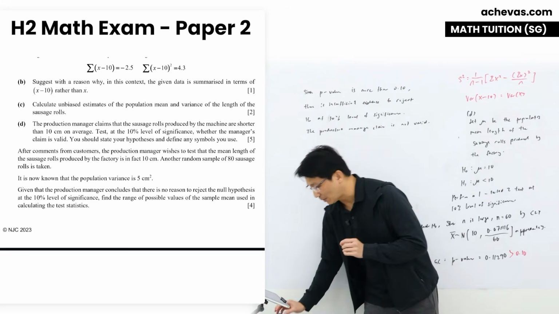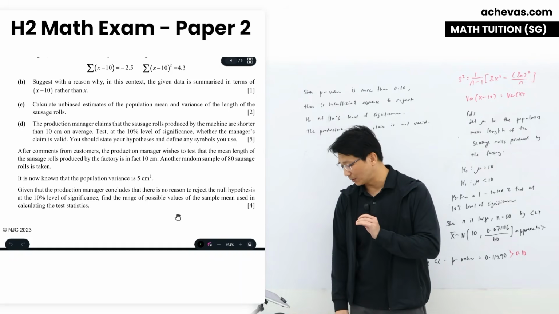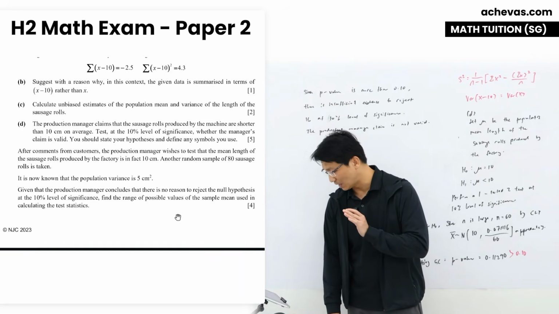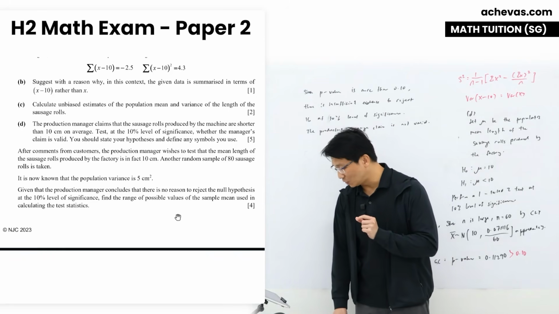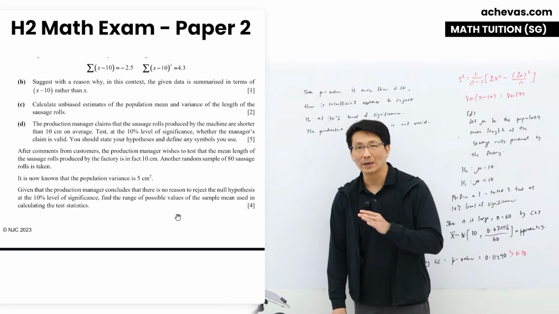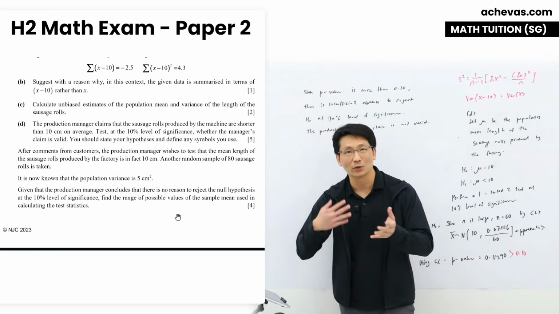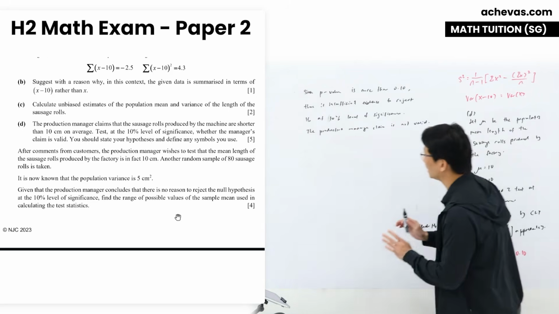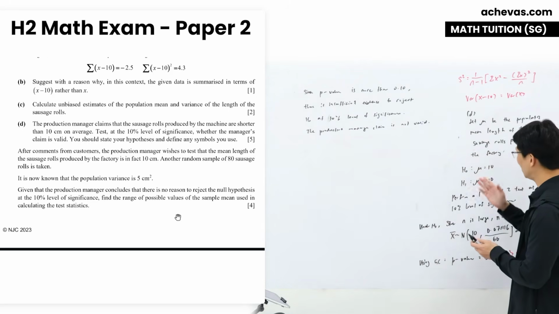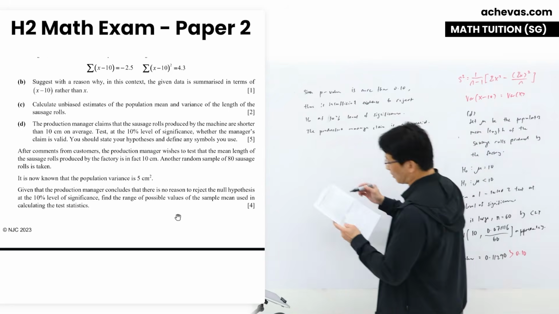Given that the production manager concludes that there is no reason to reject the null hypothesis at 10% level of significance, find the range of possible values of the sample mean used in calculating the test statistic. This is a question where they have given us the conclusion, and we have to reverse the process to find the unknown. So we are going to write down the standard steps similar to this one first.